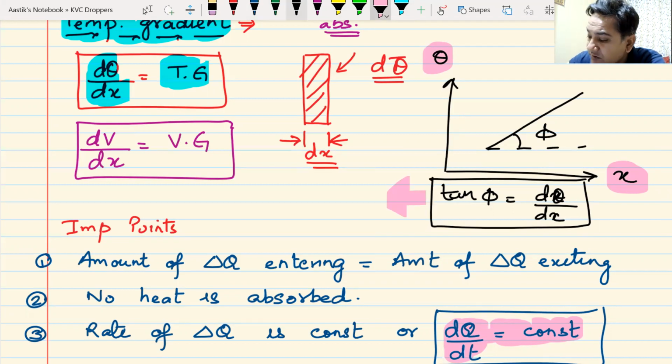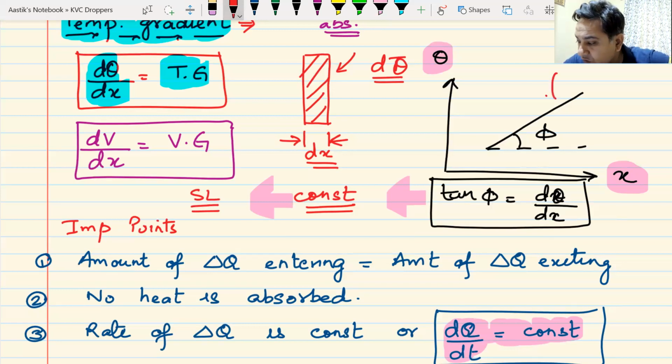That means the graph between theta and x would be a straight line graph, and that is what I have drawn here.